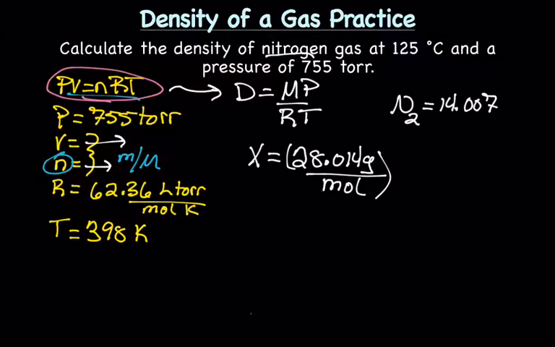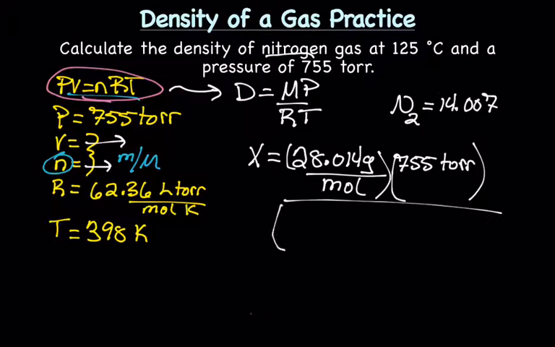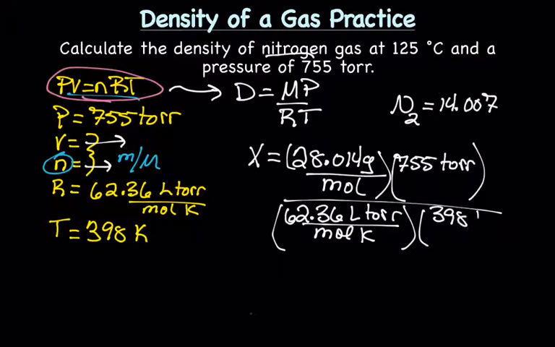Okay, so that's our M, and then our pressure is 755 torr. And that's all divided by R, which is 62.36 liters torr divided by mole K times our temperature, which is 398 K.